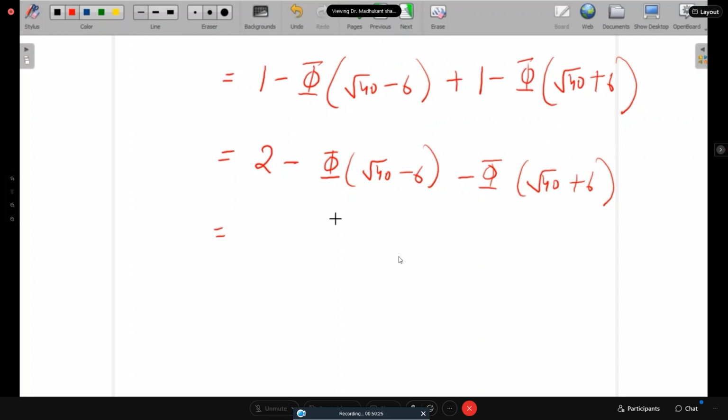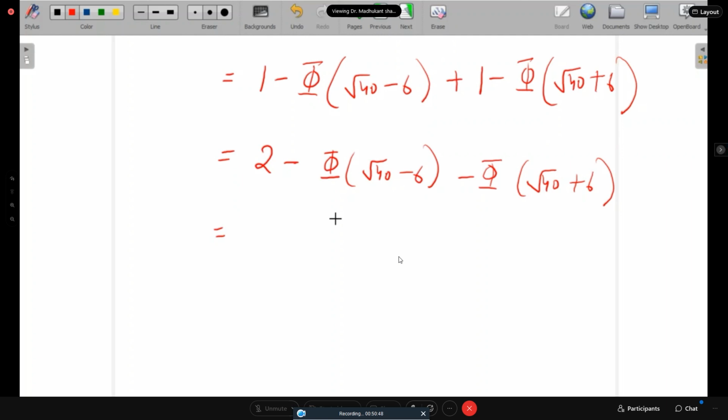Square root of 40 is something like 6.32. And 6.32 plus 6 is something like 12.32, so it is approximately 1.